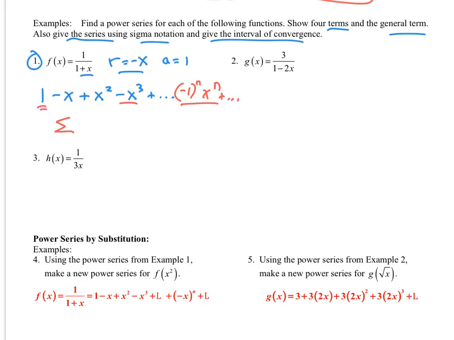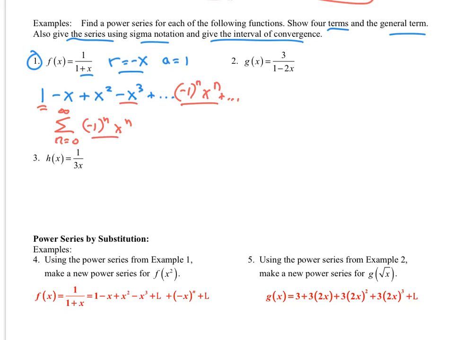To generate this 1 right here, I need n to be equal to 0. Then I'm going off to infinity, and my rule goes out here, and that's my summation notation.